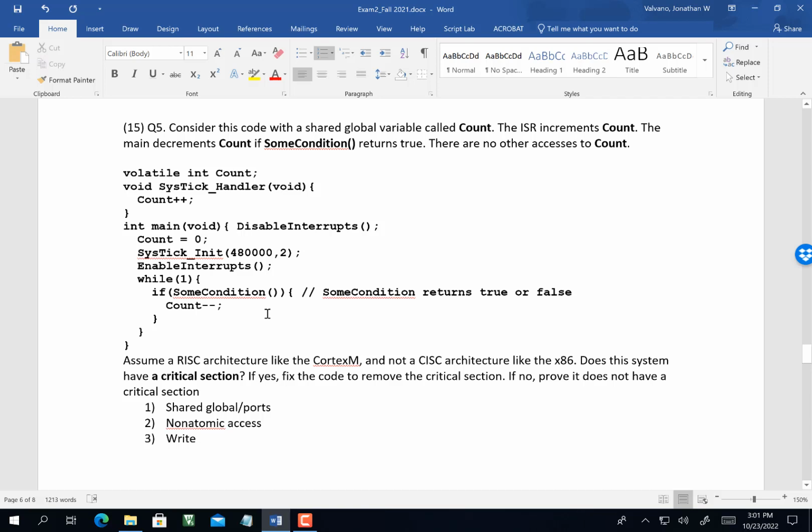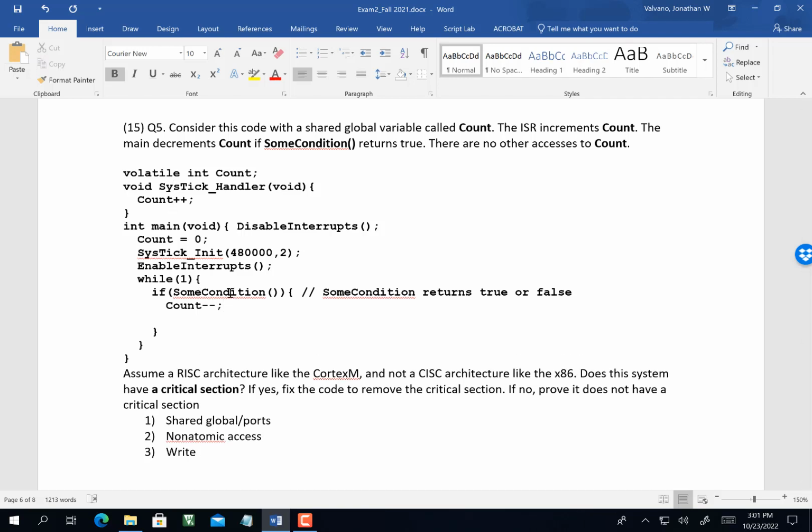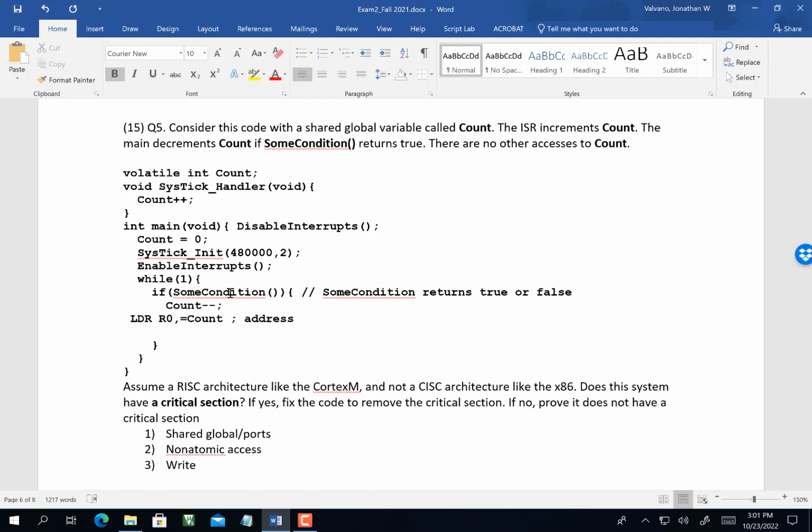So the idea here is SysTick is going to interrupt the main program. If you think about what happens, the processor has to do a read, modify, write. It will first fetch the address. That part is the boring part, the part that I didn't necessarily expect you to know.